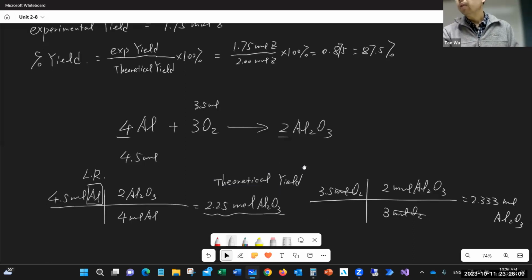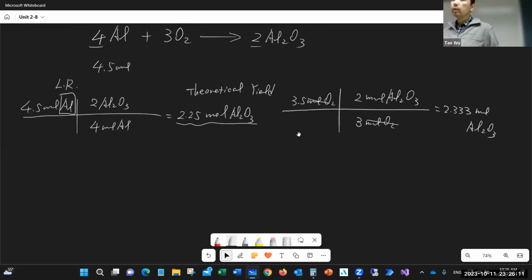All right, so now we figured out the limiting reagent, but the question is asking for the amount of the excess reactant, which means they talk about excess. In other words, if aluminum is the limiting reagent, that means oxygen will be the excess.